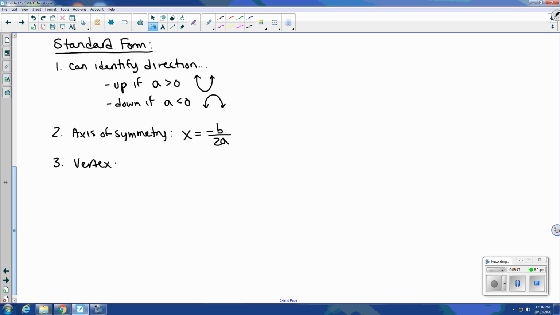And we said the vertex and the axis of symmetry are related in the sense that the value of the axis of symmetry is the same as the x-coordinate in my vertex. So whatever that value was, we carry over to the x-coordinate. We evaluate the function at that point to get the corresponding y-coordinate. So this is our vertex.